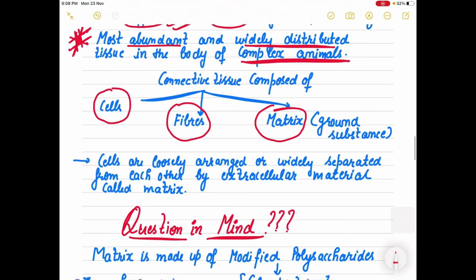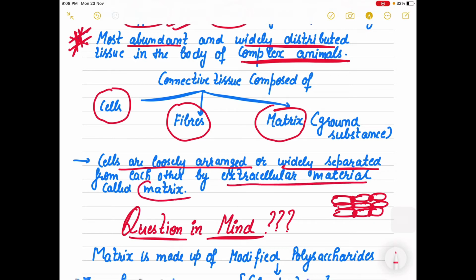Now if you ask how the cells look in connective tissue, because many cells together form a tissue: they are loosely arranged, widely separated from each other, and the material which is present between these cells is called extracellular material, and this is called the matrix.